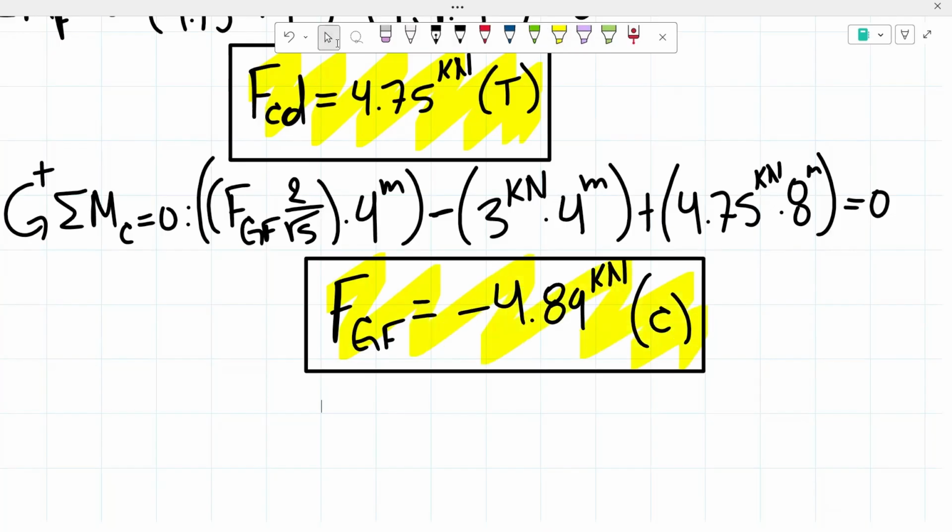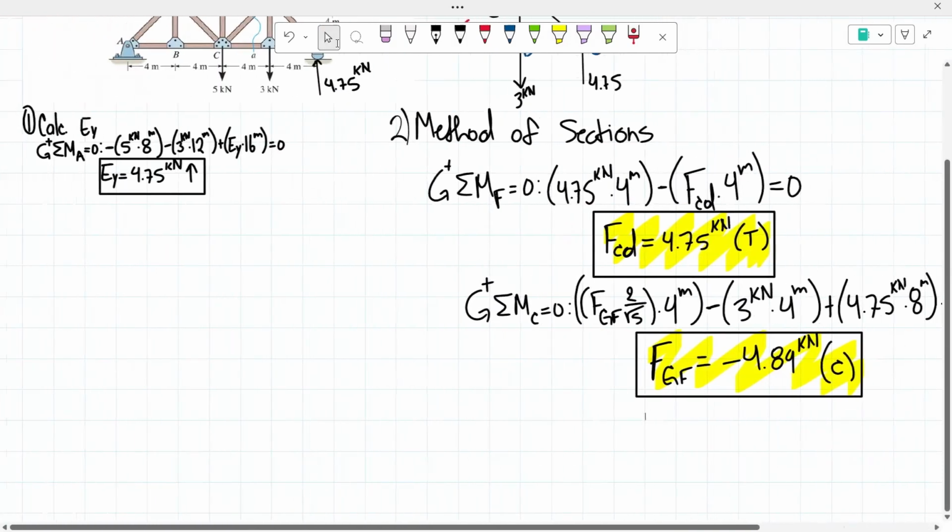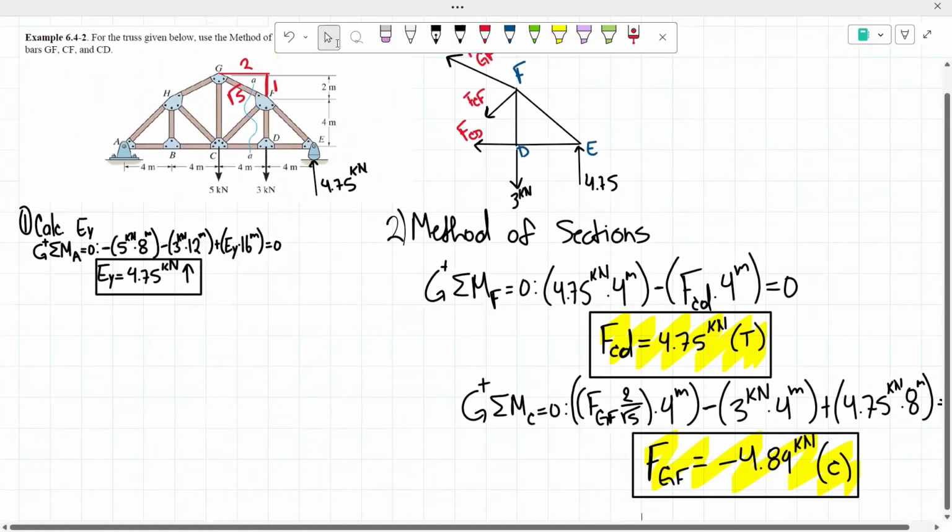So now we have found two values of two bars. Now we're simply missing one bar. So we found CD and GF. So now we're just missing CF.